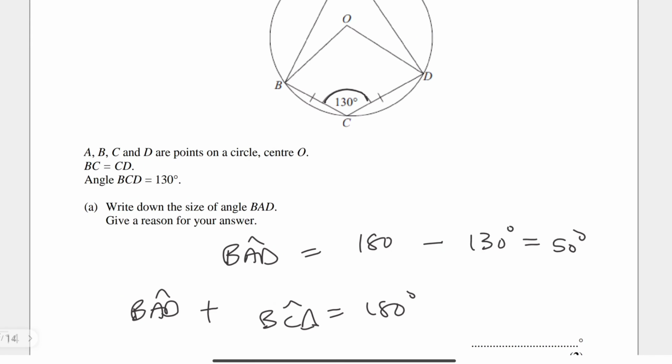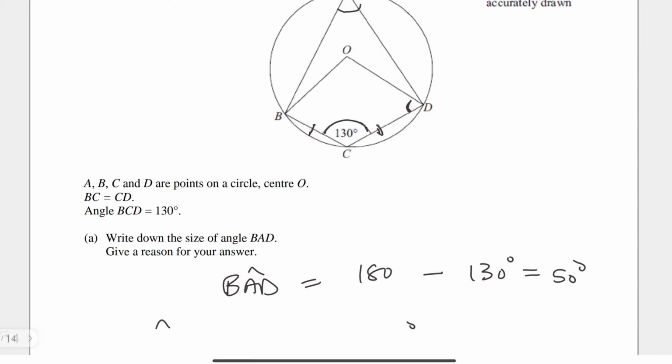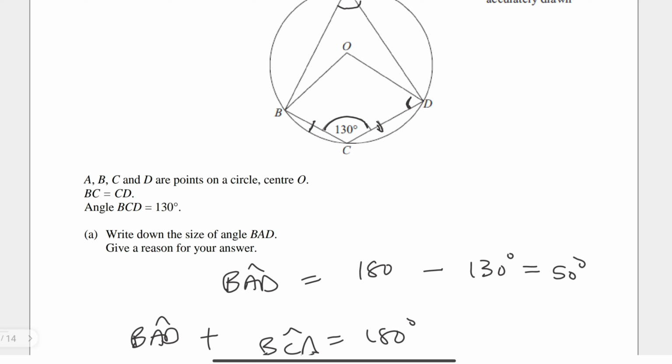Work out the size of angle ODC. ODC, which is this angle right here. Okay. So since this is isosceles, this is the same as this, so it makes sense to say that these opposite angles are equal.